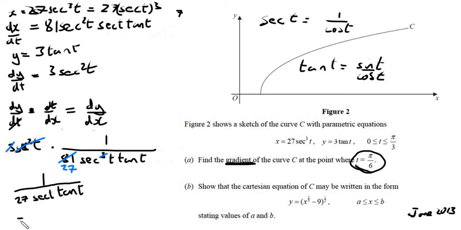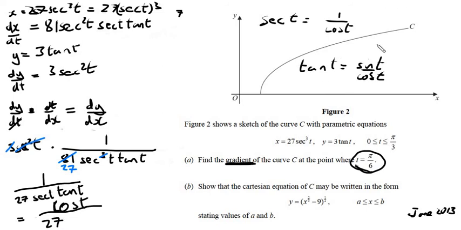This can become, or is equal to, cos t, because it's 1 over cos t, all over 27.